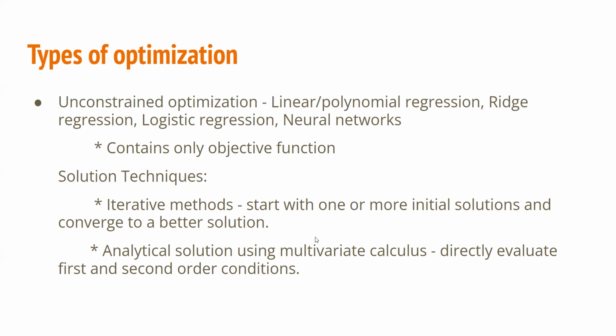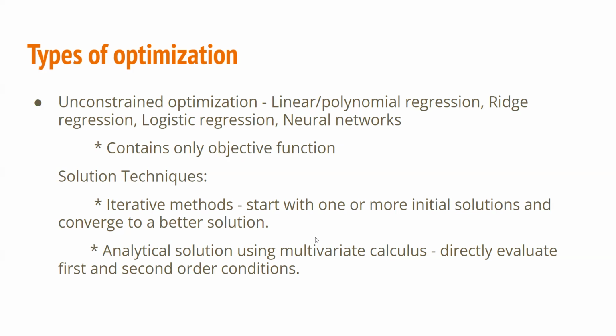For solving this kind of optimization, we take help of methods like iterative methods or analytical solution using multivariate calculation. So what is an iterative method? It's nothing but a solution technique like gradient descent.